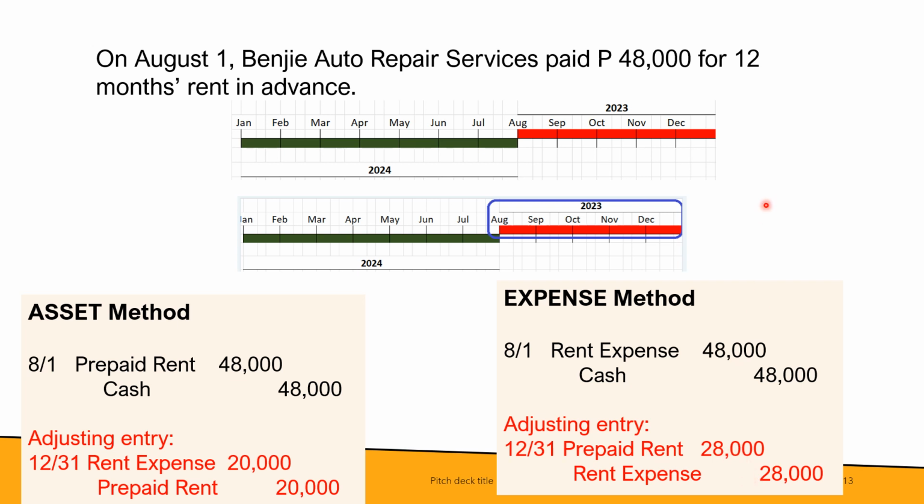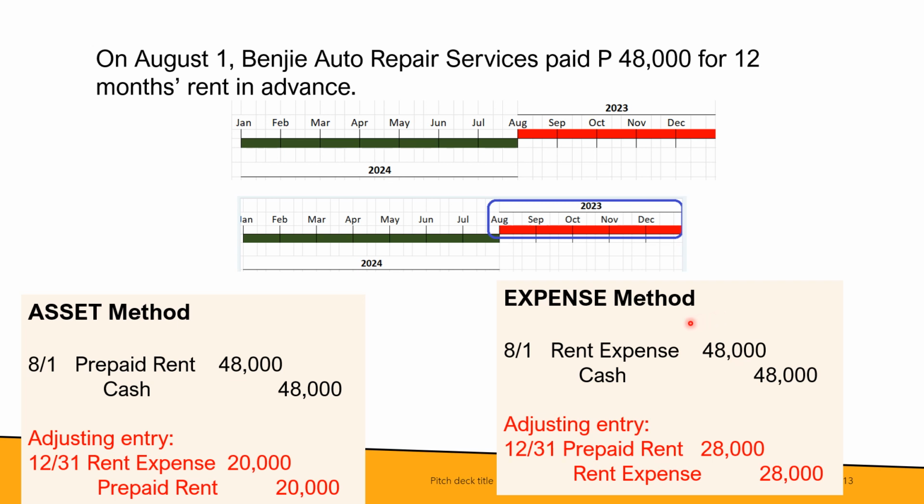Why? Because your rent expense for 2023, which is 4,000 per month, is equivalent to 20,000. That is 4,000 times 5 months, because it starts August 1 to December, which is 5 months. So your rent expense should only be 20,000 at the end of the accounting period.